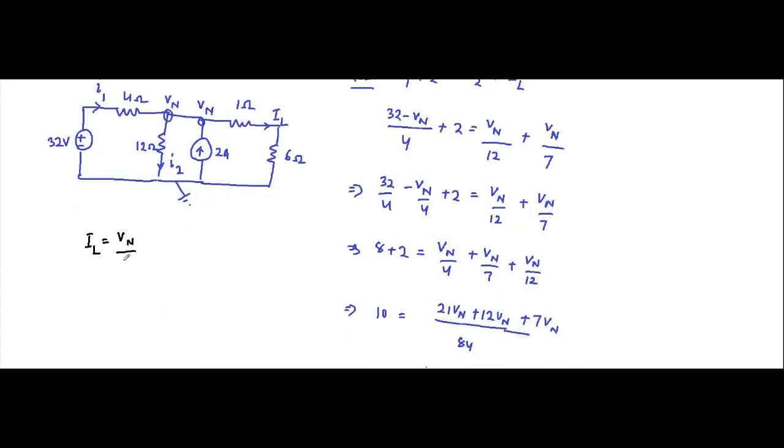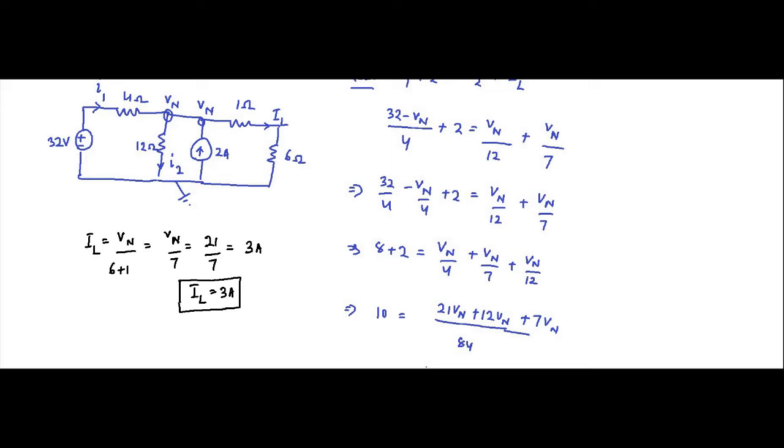So Vn by 6 plus 1, which is equal to 7. Okay, Vn by 6 ohm plus 1 ohm, which is equal to Vn by 7, which is equal to 21 volt by 7 ohm, equal to 3 ampere. So IL is equal to 3 ampere we have calculated.